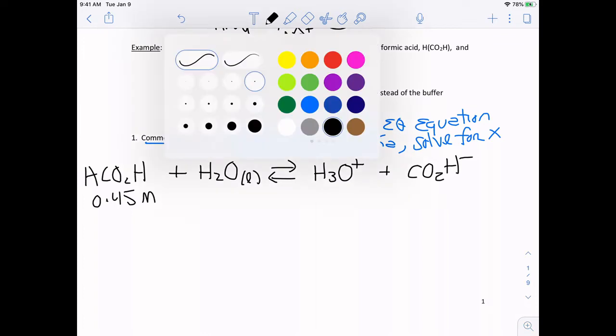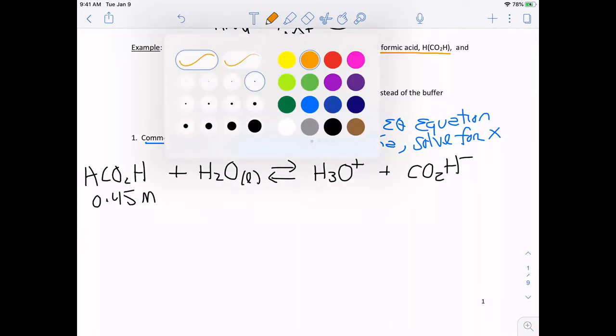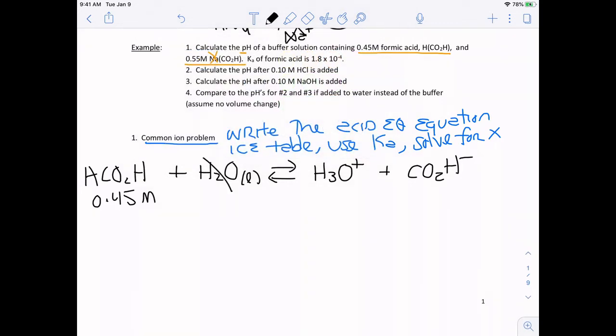If I go back up here, I have 0.45 molar formic acid and then 0.55 molar sodium formate. Again, I'm not going to care about that sodium. So that's my conjugate base. Water is not part of my expression, so we can ignore it. Initially, I don't have any hydronium ions, and my formate, 0.55 molar. So that would be my initial concentration.